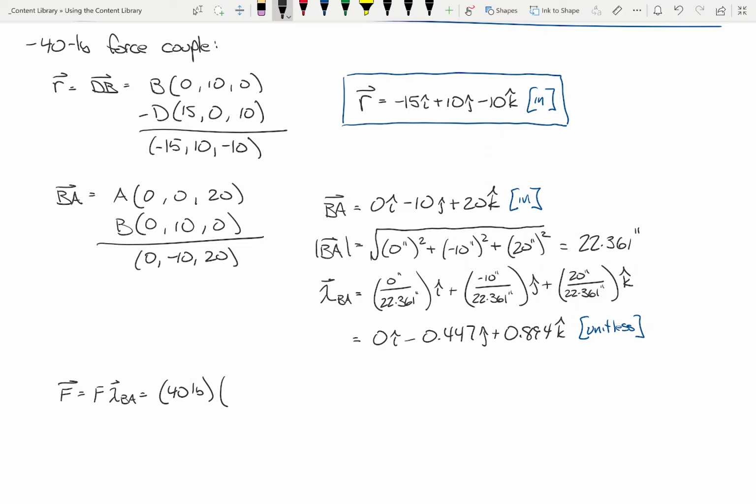And again, this is kind of messy. So if we wanted to determine the moment vector, we would just cross these two, and I'm just going to give you that answer.